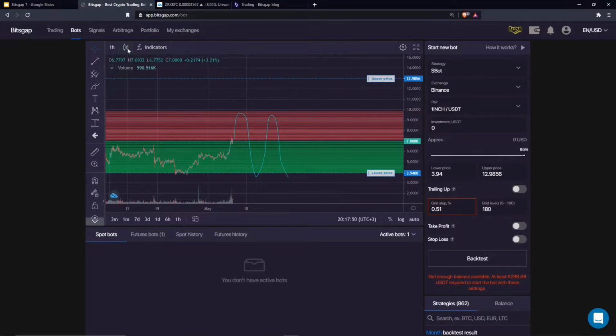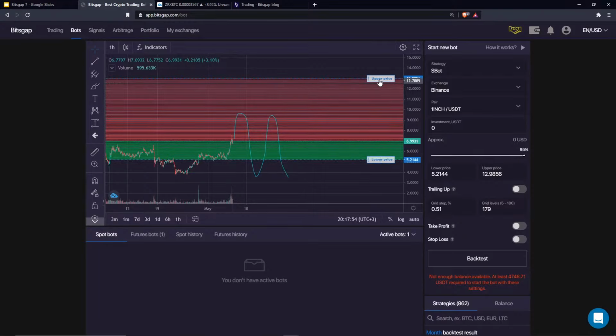Another one is to have your lower price like this and upper price like that, with trading up enabled.